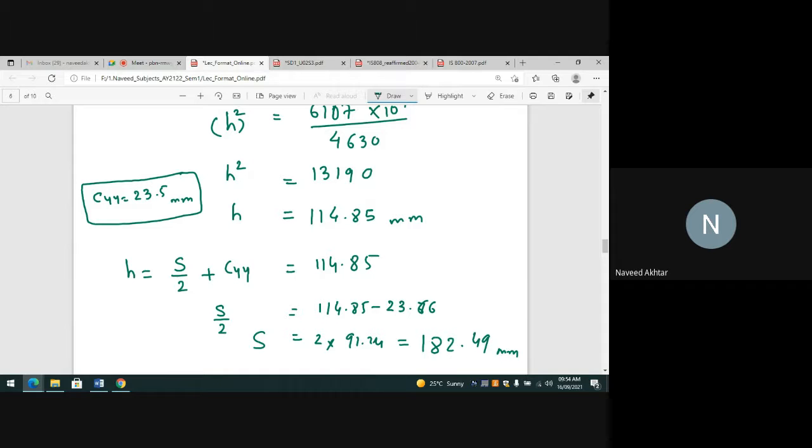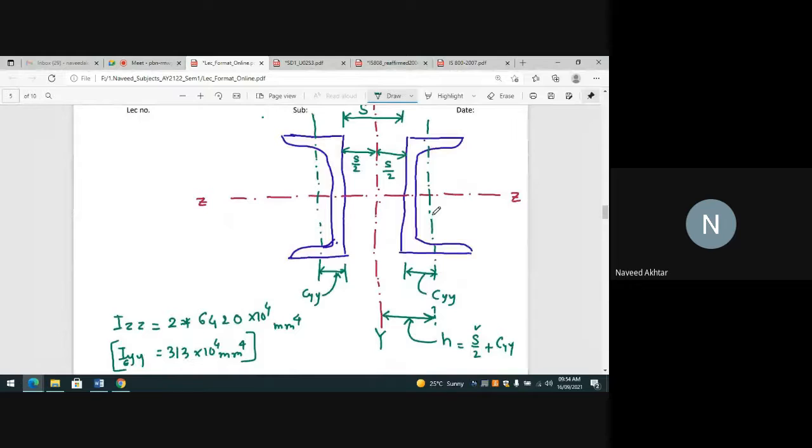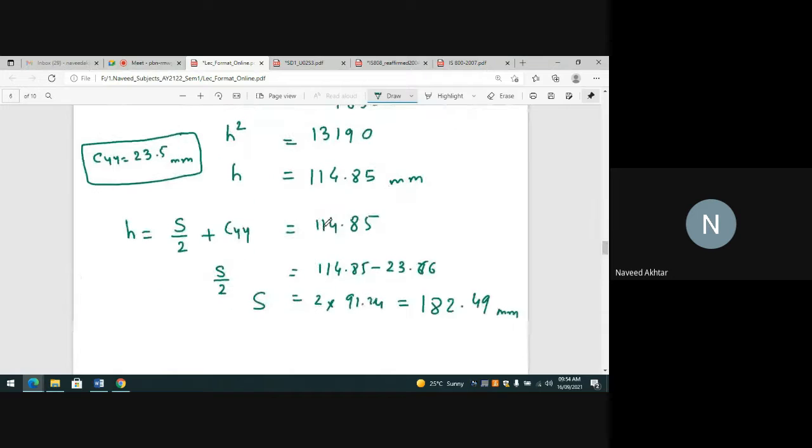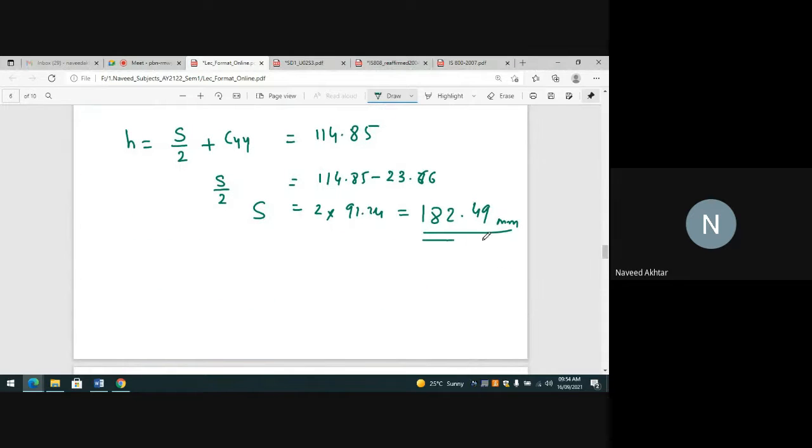So now we have found the spacing of this channel section, how much it will be. It is coming around 182.49. We will take a round figure, S is equal to 184 mm.